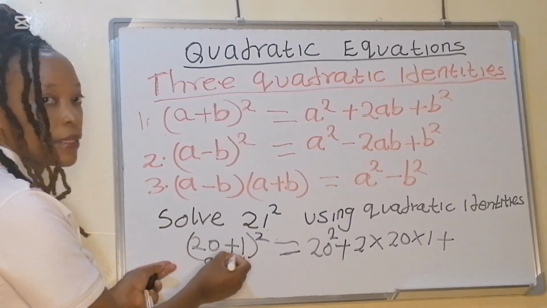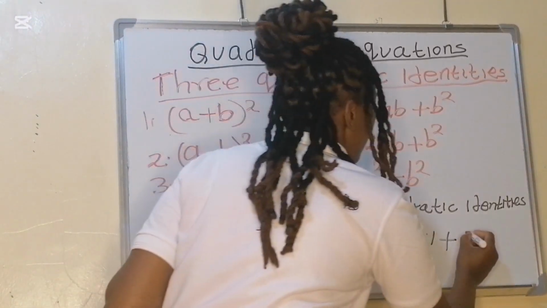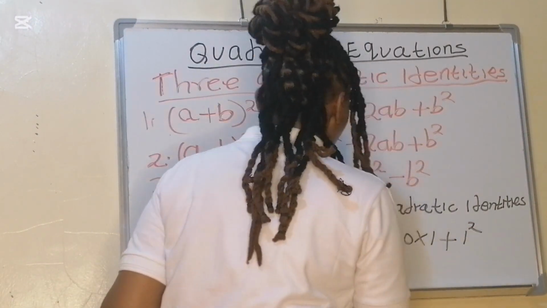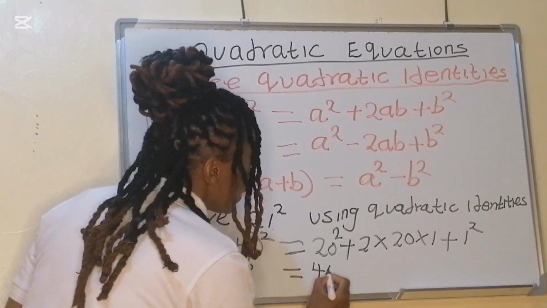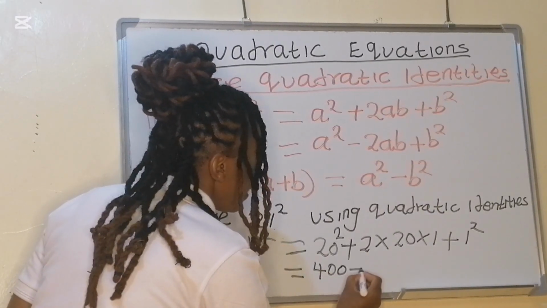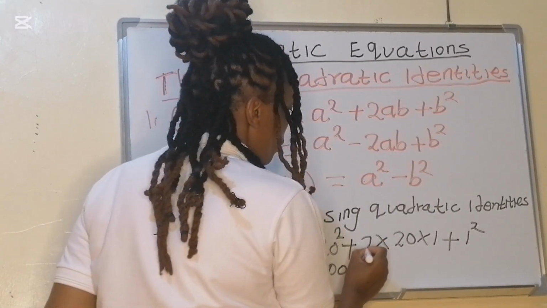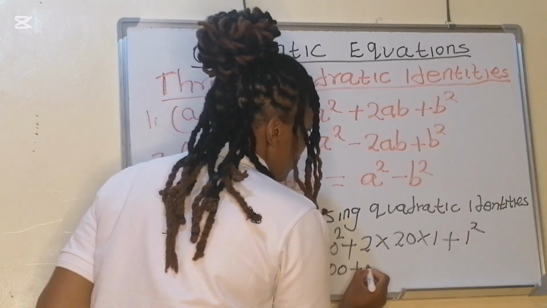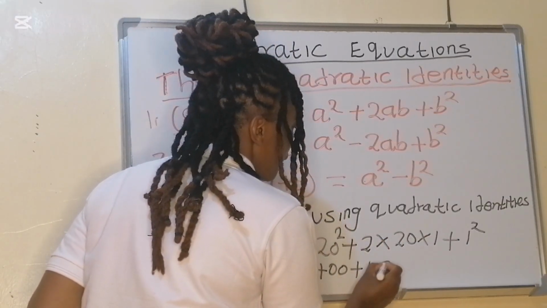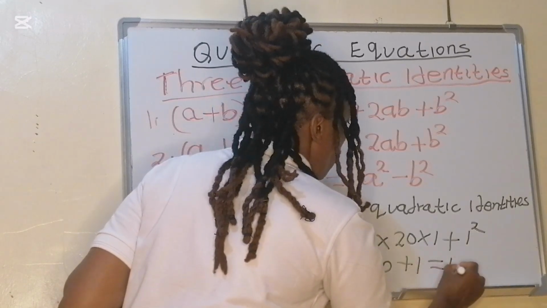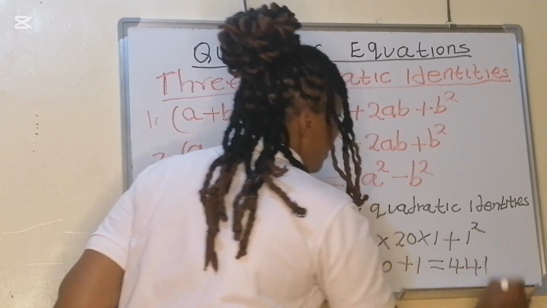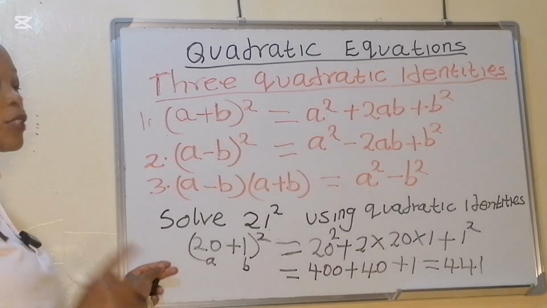B is 1, so plus 1 squared. What do we get? 20 squared is 400, plus 2 times 20 times 1 is 40, 1 squared is 1. So the answer is 441.